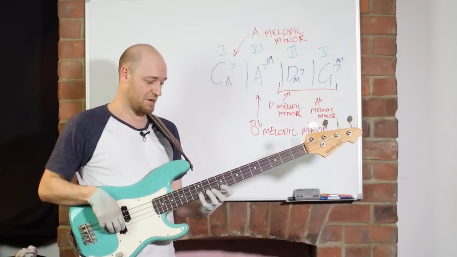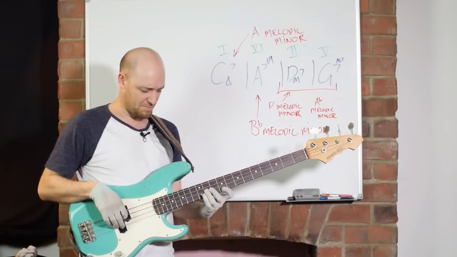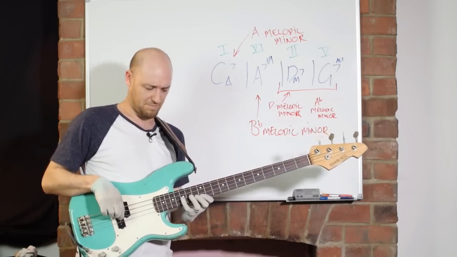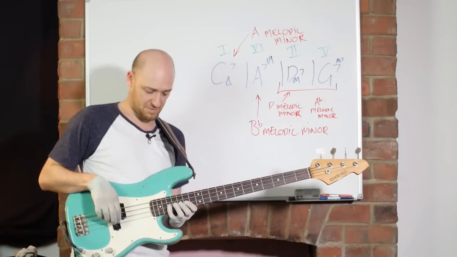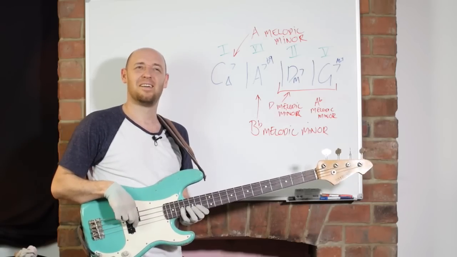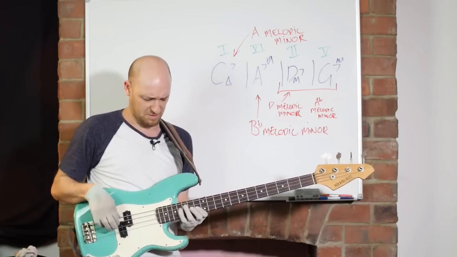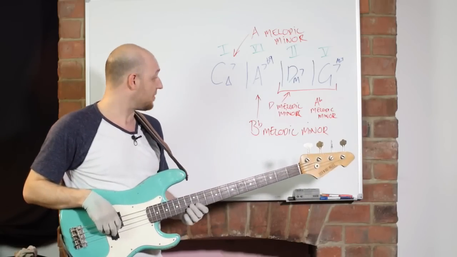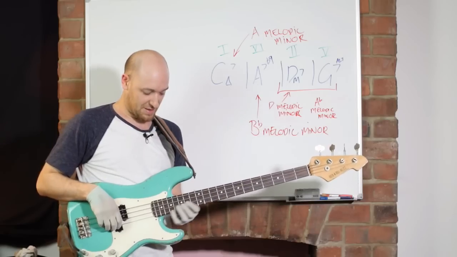The C major. To the A7. B flat melodic minor, same phrase. A7, D minor. A flat melodic minor.